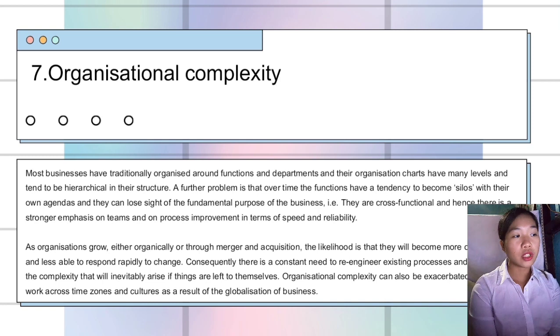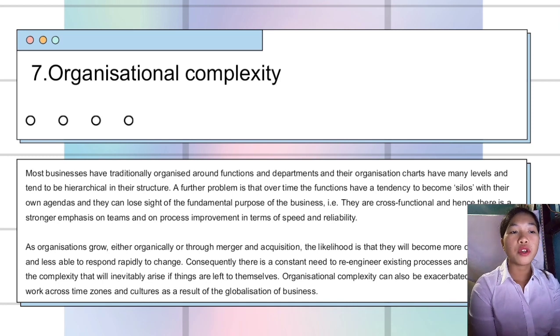As organizations grow, either organically or through mergers and acquisitions, the likelihood is that they will become more cumbersome and less able to respond rapidly to change.